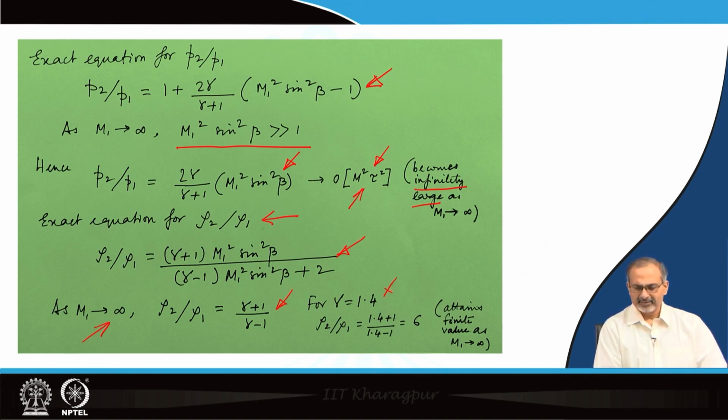For air, if we assume it to be calorically perfect even in those very high Mach number ranges, gamma has the value of 1.4, and then rho 2 by rho 1 works out to be equal to 6. That means, at excessively high Mach numbers also, the density ratio saturates to a value of 6. So, it attains a finite value as M1 tends to infinity.